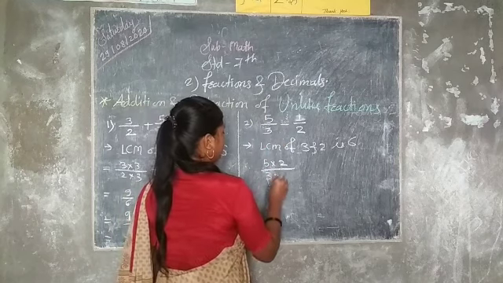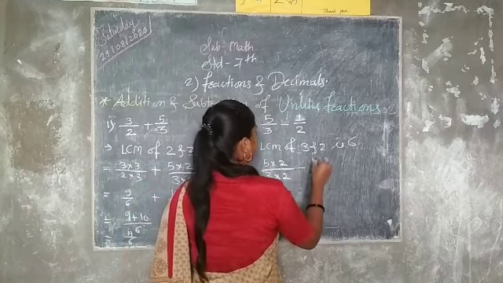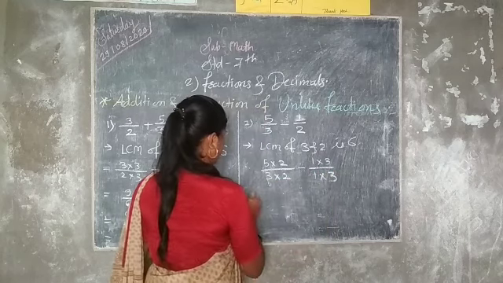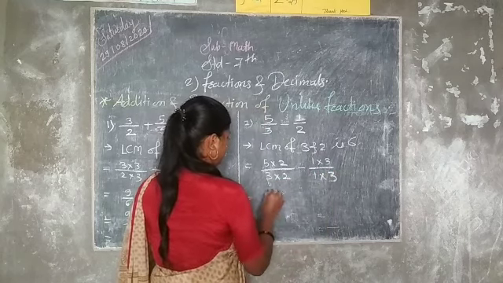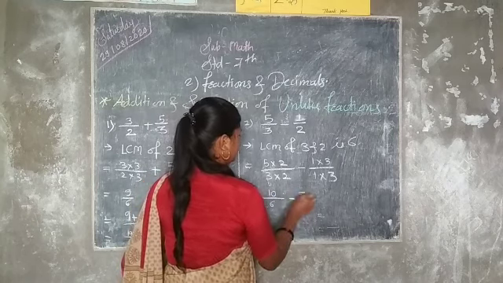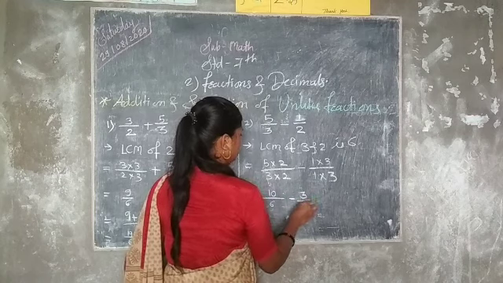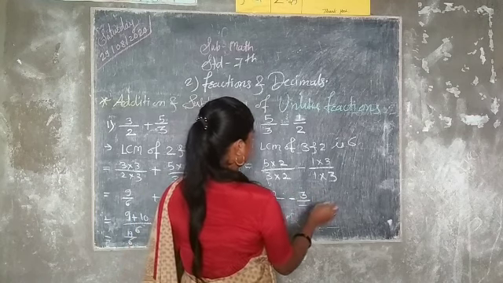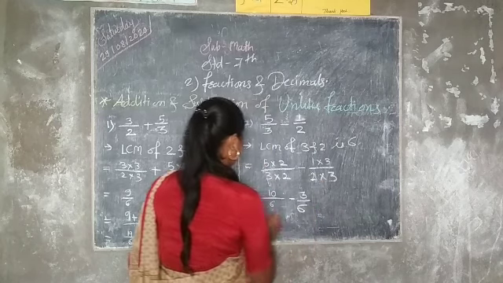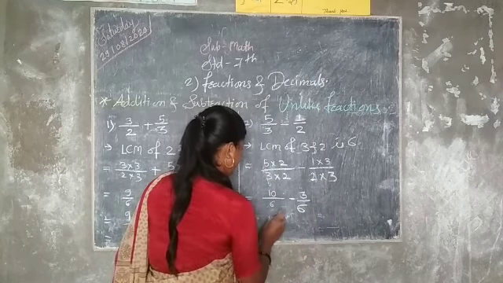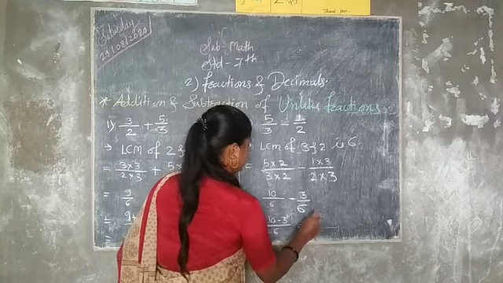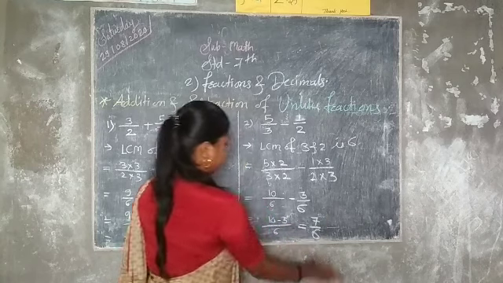Okay, 3 multiplied by 2 minus 1 multiplied by 3 upon 2 multiplied by 3 is equal to 5 twos are 10 upon 6 minus 3 upon 6 is equal to 10 minus 3 upon 6. 10 minus 3 is 7 by 6.